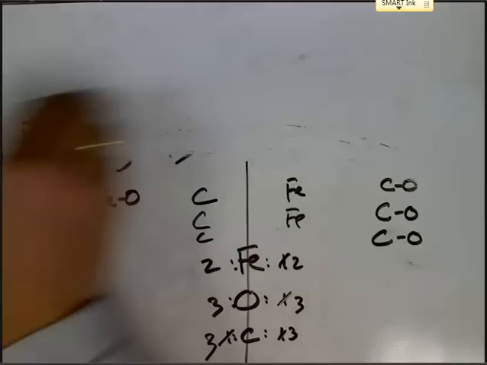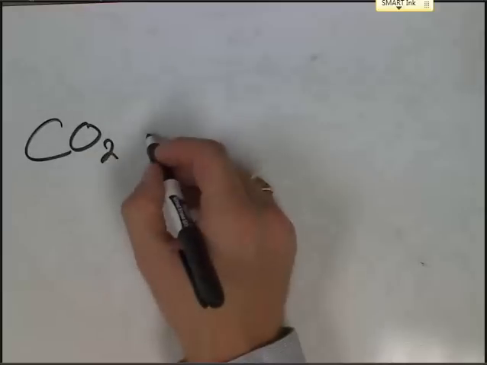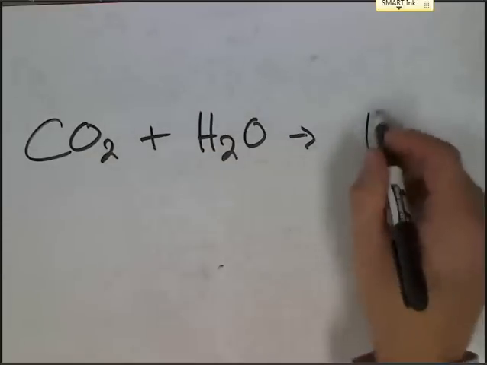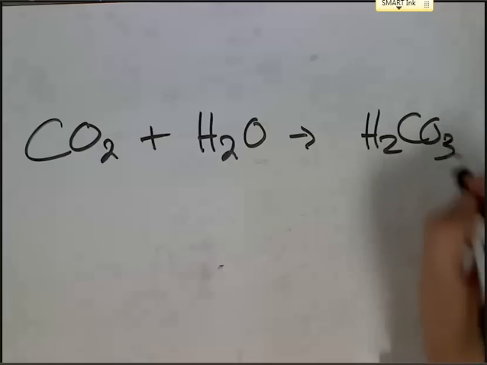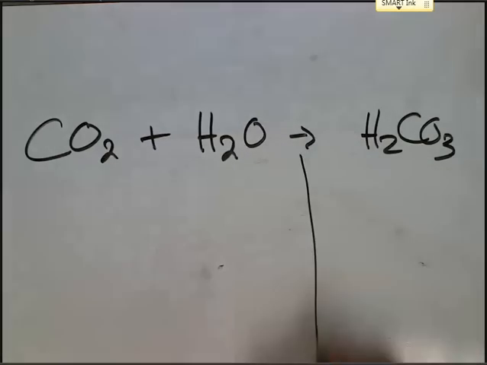We're going to do 1 more with this, we'll do 2 more drawing all these things out. Alright, and then we'll go ahead and see if we can't do a little bit quicker method next time. So, we've got CO2, carbon dioxide, plus water yields H2CO3. Carbon dioxide and water gives you carbonic acid. It's actually the way that they carbonate sodas.